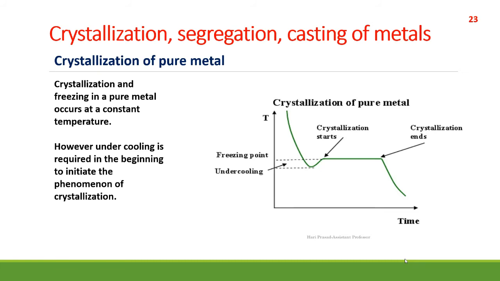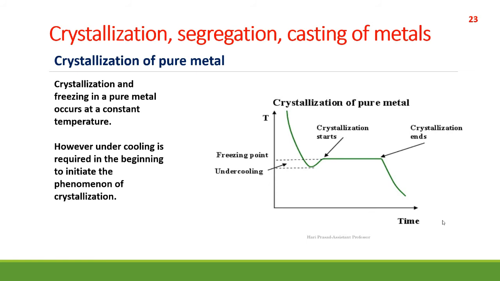The next topic, which is again very important for you to know, is how the trend follows for the crystallization of a pure metal. Here you see the graph. It is a temperature versus time graph.